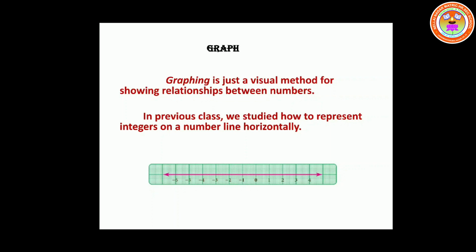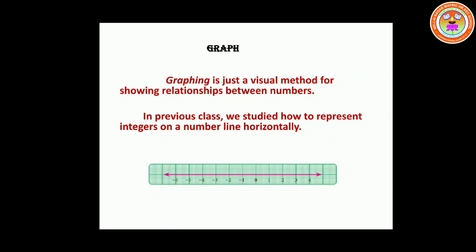So, we have learned what is a number line. Yes? You know that? What are integers? Integers are numbers having both positive and negative values with 0.